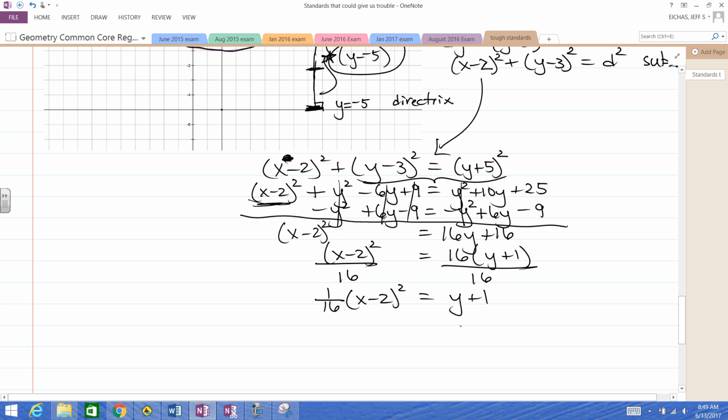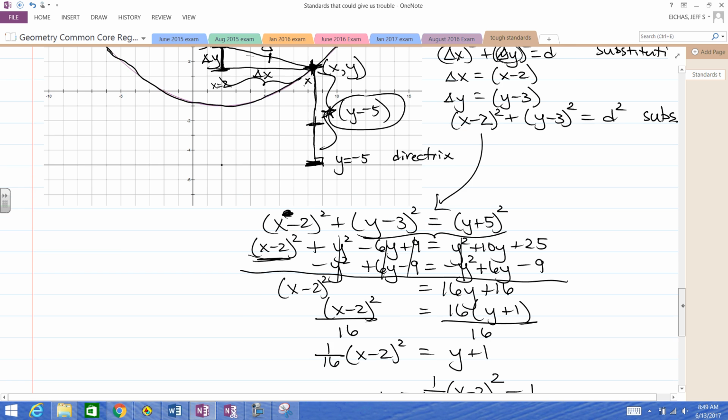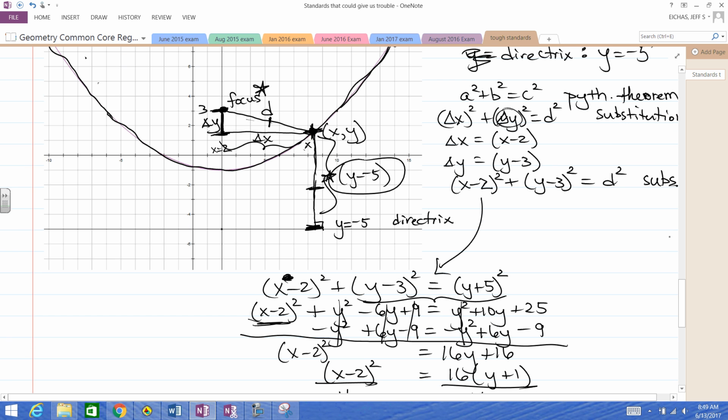If we rearrange some stuff here, I'm going to switch these two sides. I like putting it over here. Subtract 1. So it looks like we have this. Minus 1.